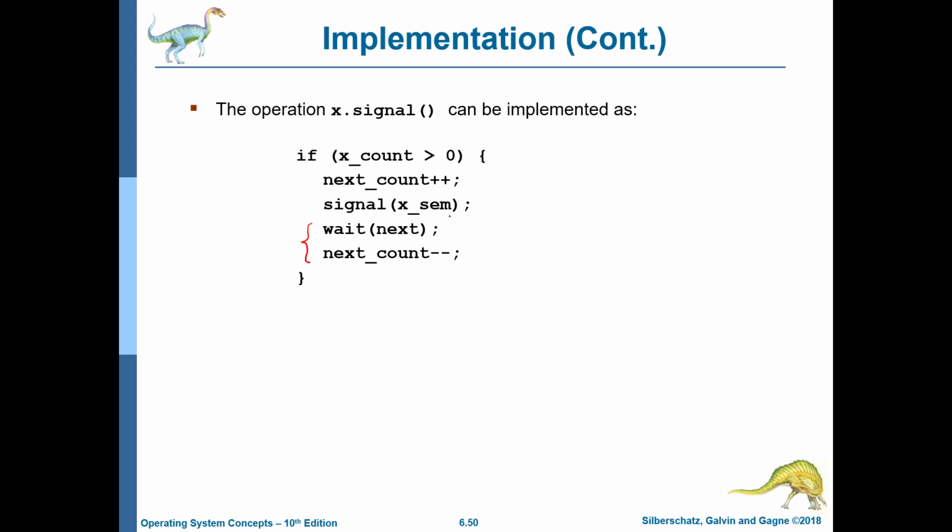The reason is that the moment you signal, this means that there is a waiting process that you just woke up. As of now, the waiting process has woken up and it is executing code in the monitor.